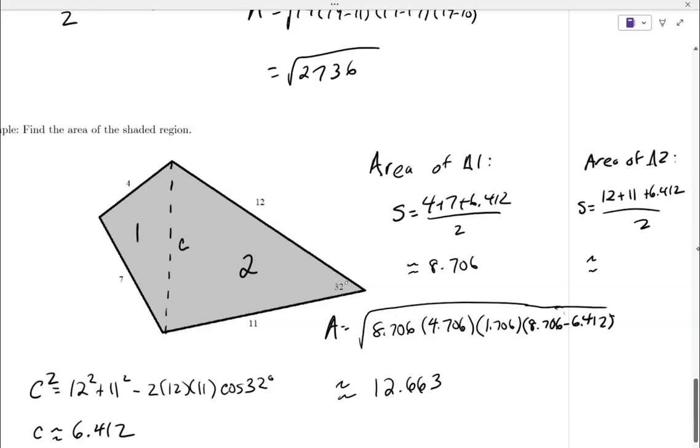And what would your base and your height be in this case? 4 and 7, right? Because I can just use the 4 and the 7 for the base and the height, so it would be 28 divided by 2. So if that were a right angle, then it would be 14.